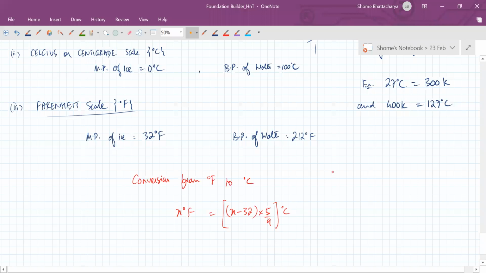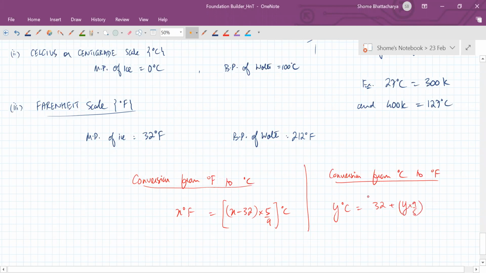And conversion from degree C to Fahrenheit, y degrees C is equal to 32 plus y into 9/5 in degrees Fahrenheit.